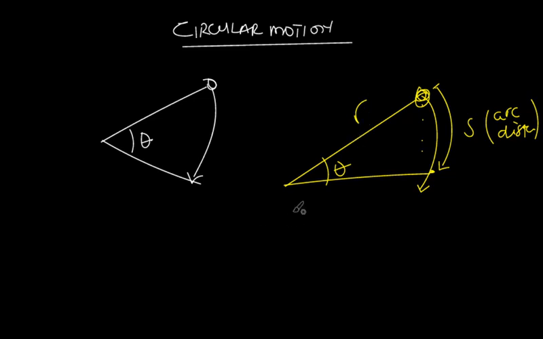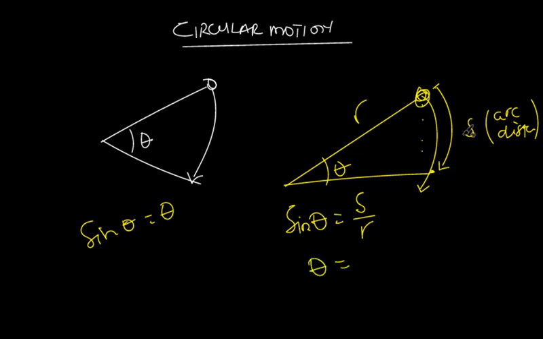It turns out that sine theta can give us the ratio of the arc distance s divided by the radius r. Now for small angles of theta, sine theta will be equal to theta. So in circular motion we normally just use theta equal to the arc distance, which is s, divided by the radius.